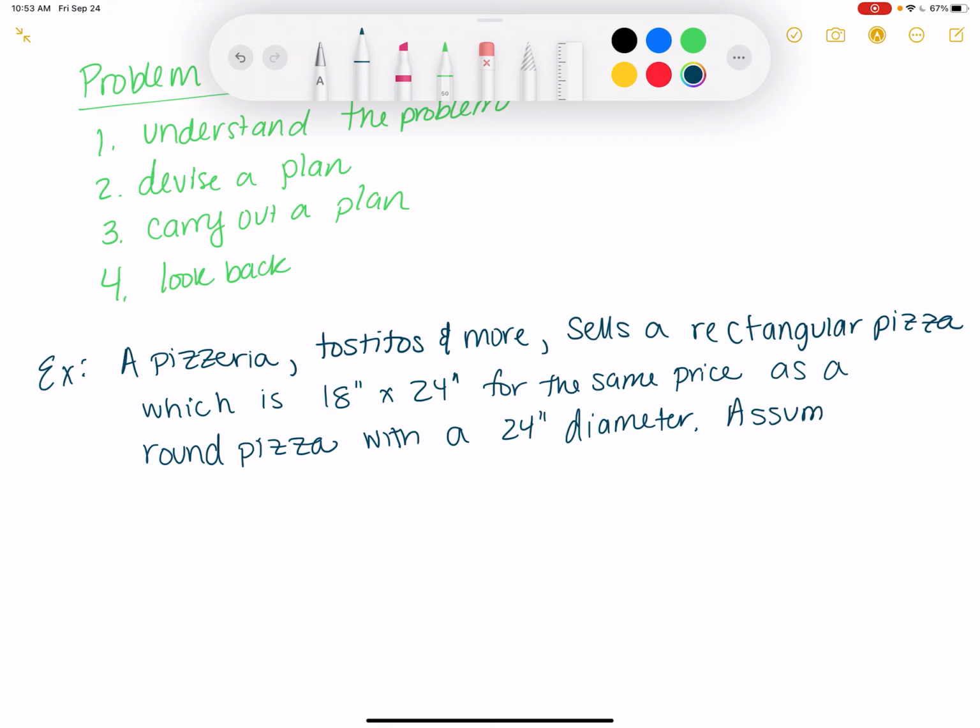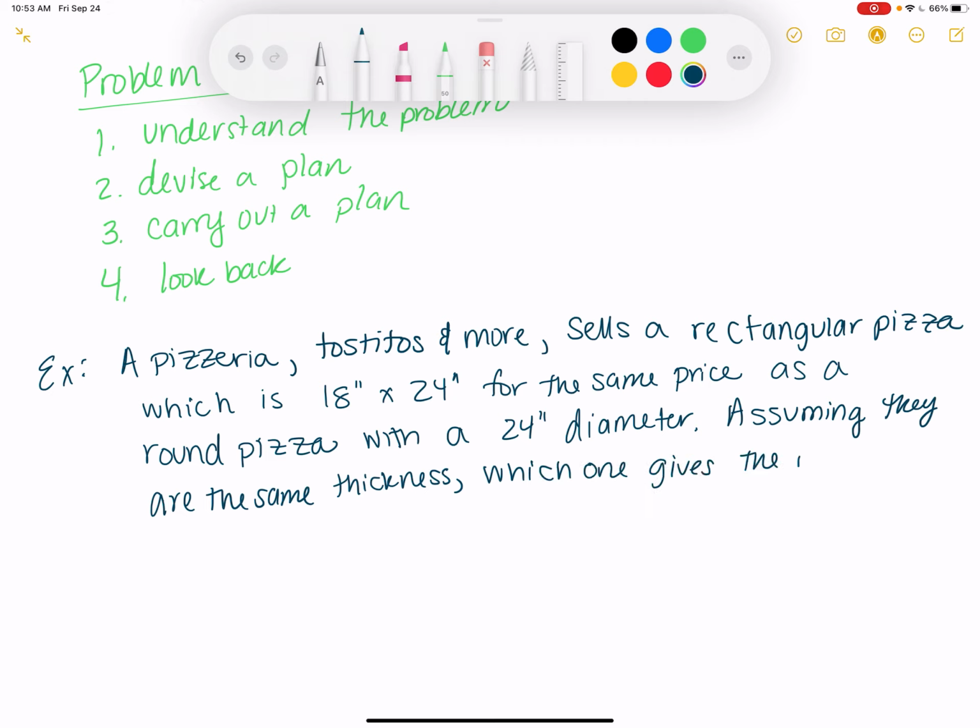Assuming they are the same thickness, which one gives the most pizza for the money?